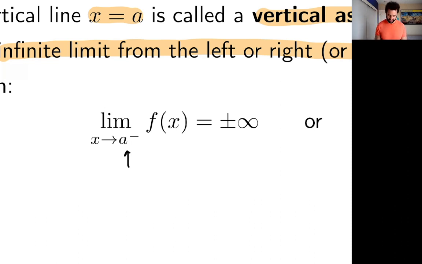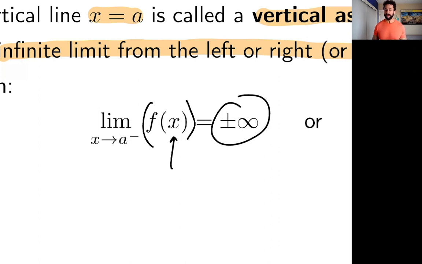What that means is you're going to take values of x that get closer and closer to the number a, but you're going to come from the left side, the negative side, if you will. So if you keep picking values of x and plugging them into f of x, does that function value, f of x, approach negative infinity or positive infinity?